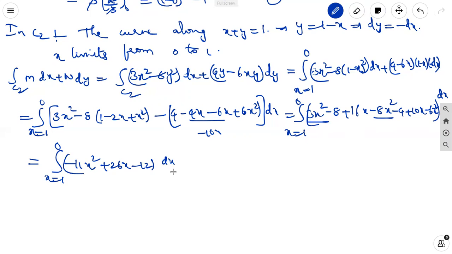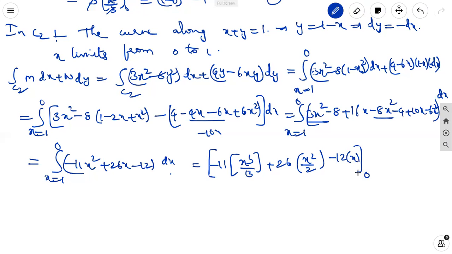It is equal to minus 11 x square, integration is x cube by 3, plus 26 into x, integration is x square by 2, minus 12x, limits from 1 to 0.